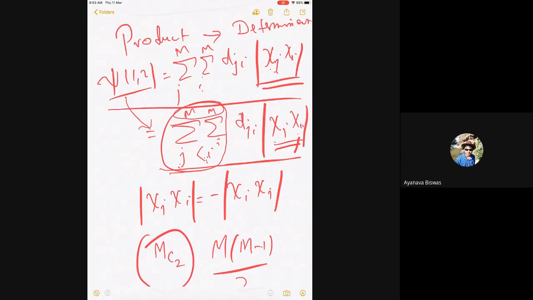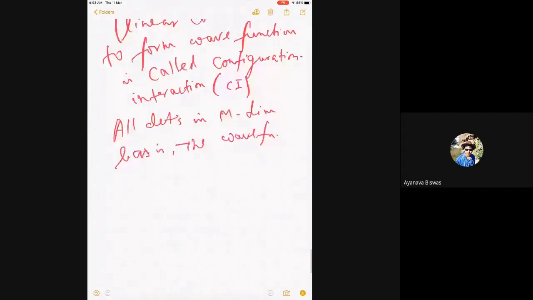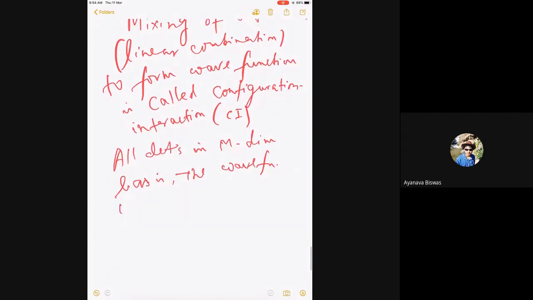But even within this, I can make lots of approximations. So you will see. If you take all determinants in the m-dimensional basis, then I can say that the wave function is a complete CI or full CI in these bases.